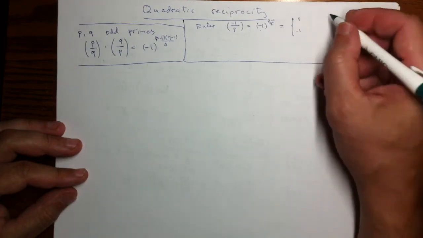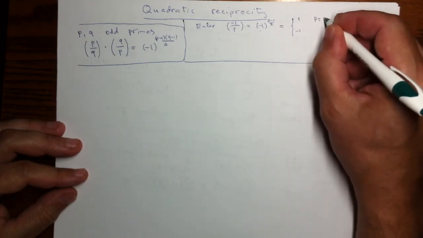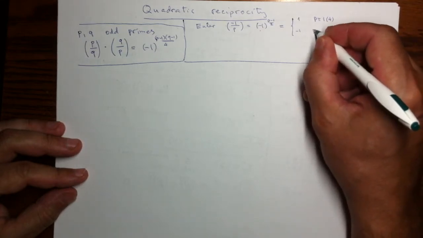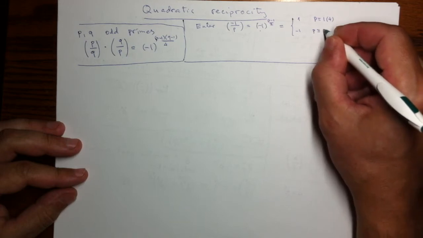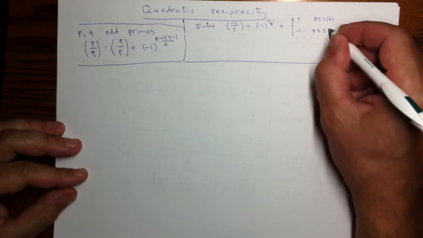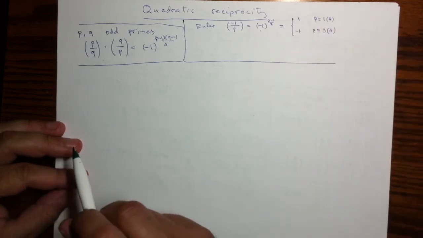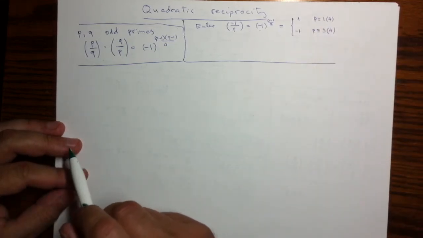So it is 1 if p has remainder 1 when divided by 4. The other case for an odd prime p is remainder 3 modulo 4, and then the Legendre symbol of -1 is -1.